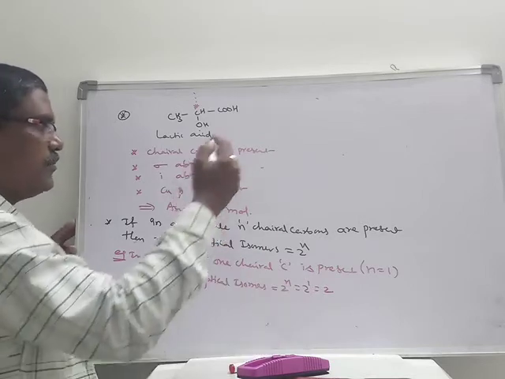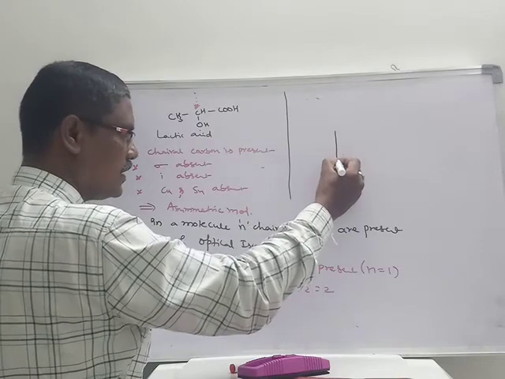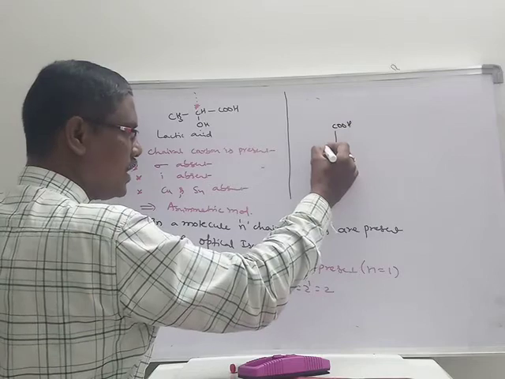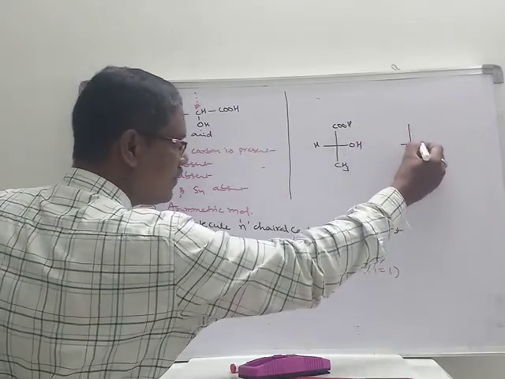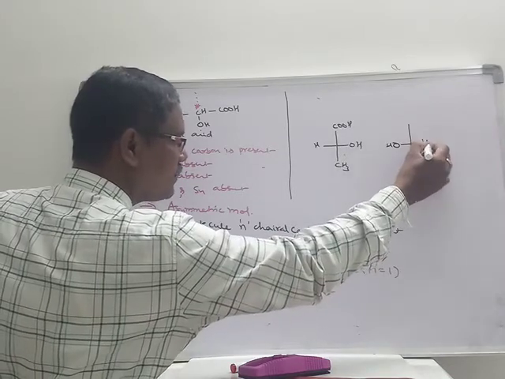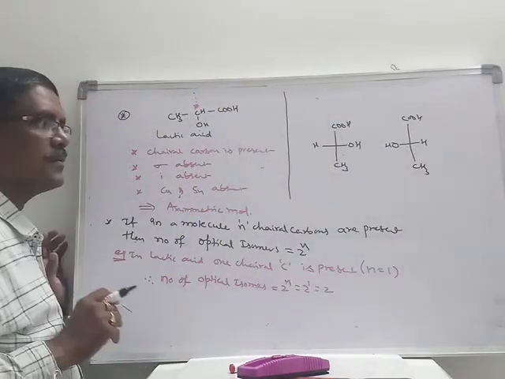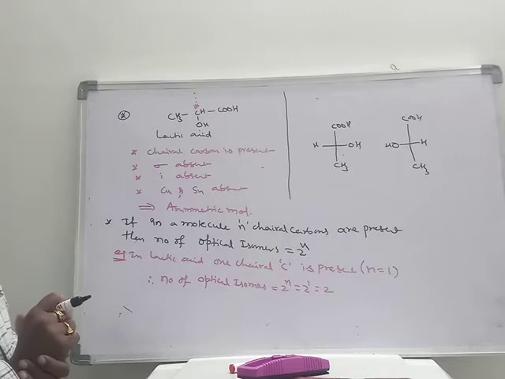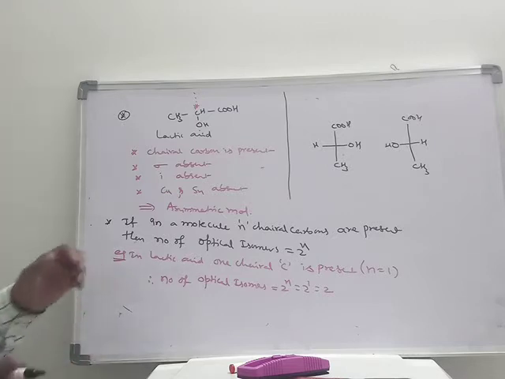Based on this, we can write CH3, COOH, with OH on the right side. In the second one, OH is on the left side. So these are the two isomers. One is the dextro isomer, the other is the levo isomer. So this is one example.